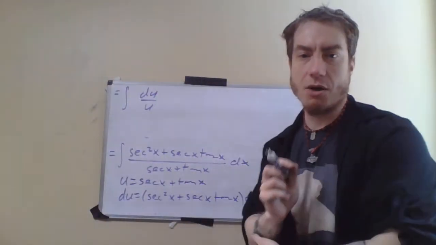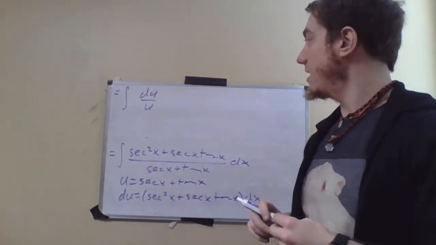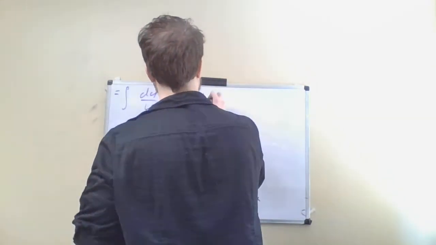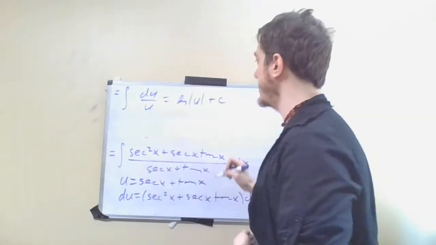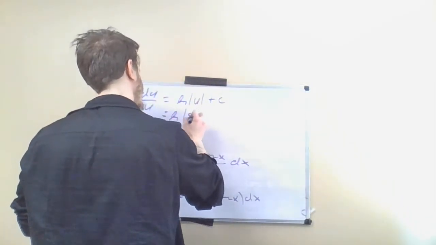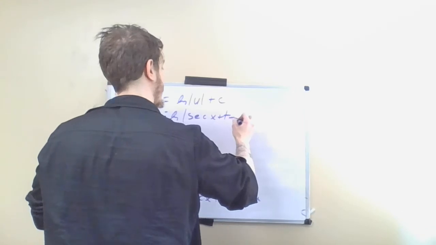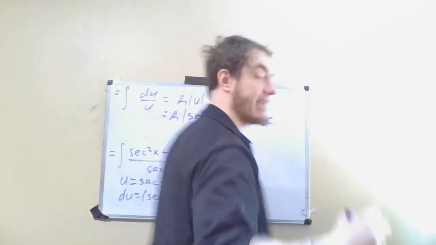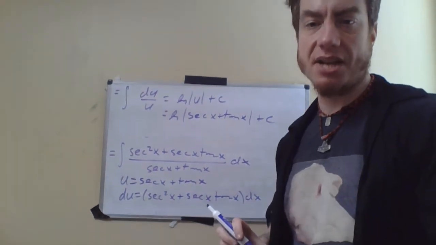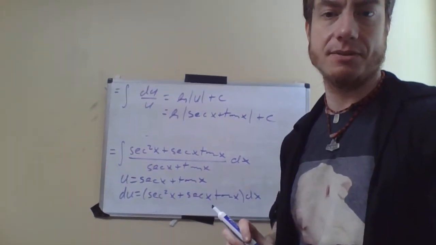That actually worked out really, really neatly, right? And this is just going to become natural log absolute value of u plus a constant, which is going to be natural log absolute value secant x plus tangent x plus a constant. And there we go. We've managed to work out the antiderivative of secant x.